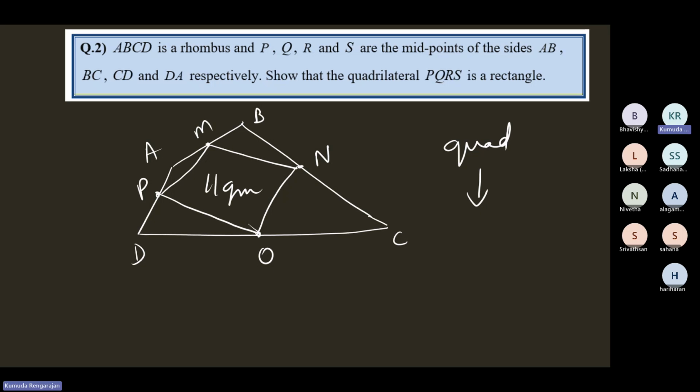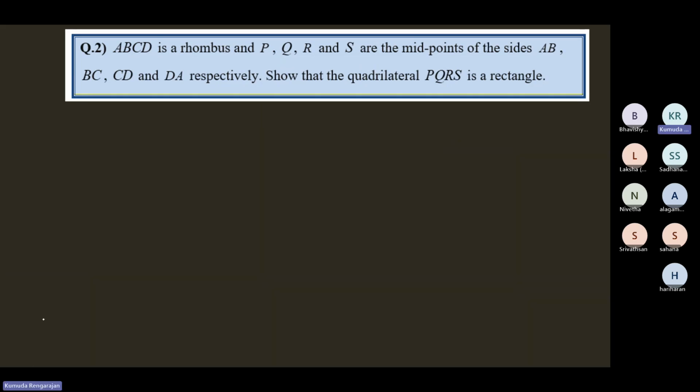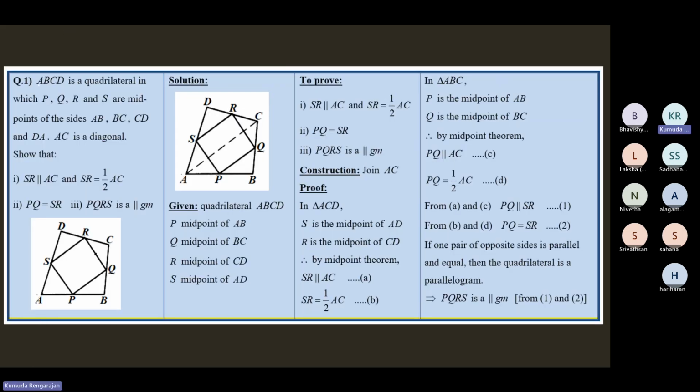MNOP, which is formed by joining the midpoints, will always be a parallelogram. That's the result, and that's what we have proved here. ABCD is a quadrilateral, then PQRS is a parallelogram, the outside quadrilateral being ABCD.